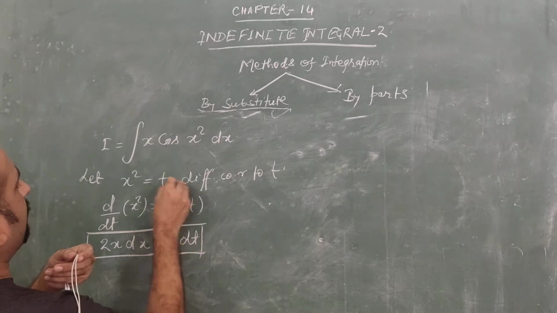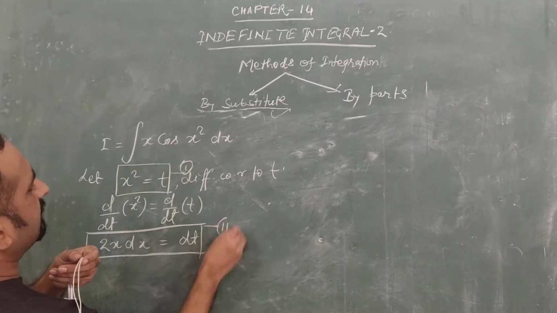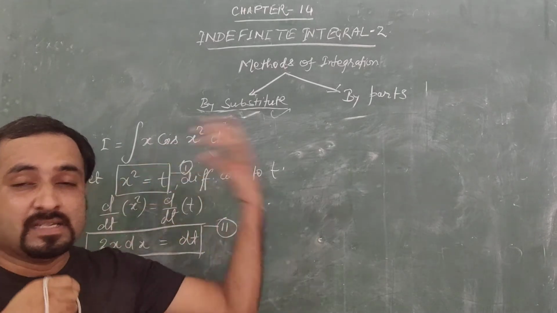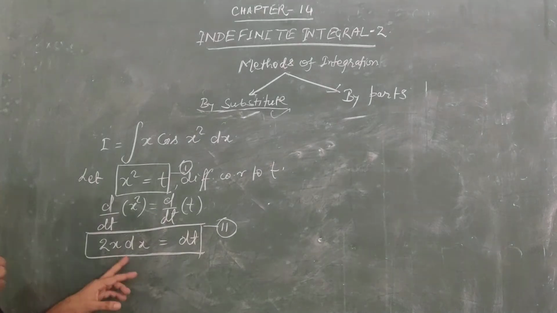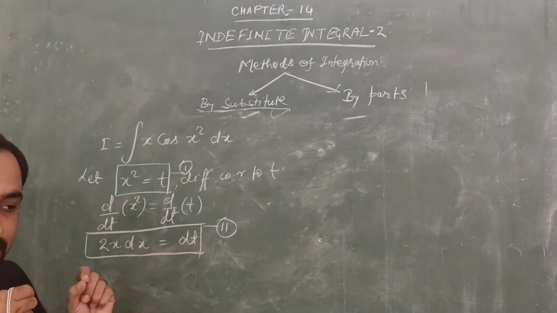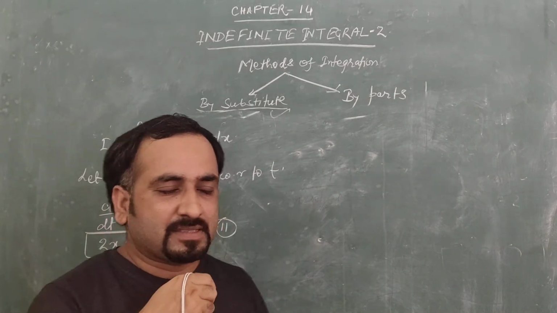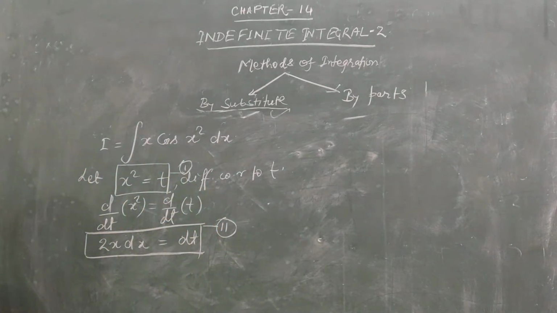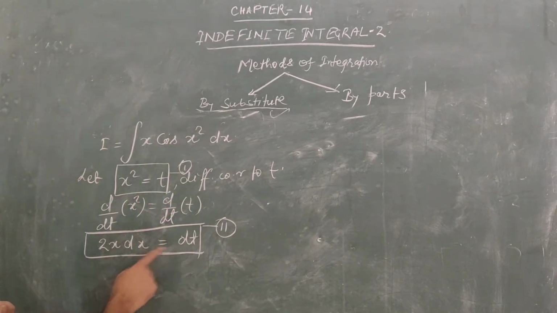Okay, and this is your equation number first, and it's your equation number second. How is it possible? You can check my previous lecture. Why are you getting 2x dx is equal to dt? If you want to ask me, you can just send me a personal WhatsApp message. So we have two equations. X square is equal to t, and second is 2x dx is equal to dt.